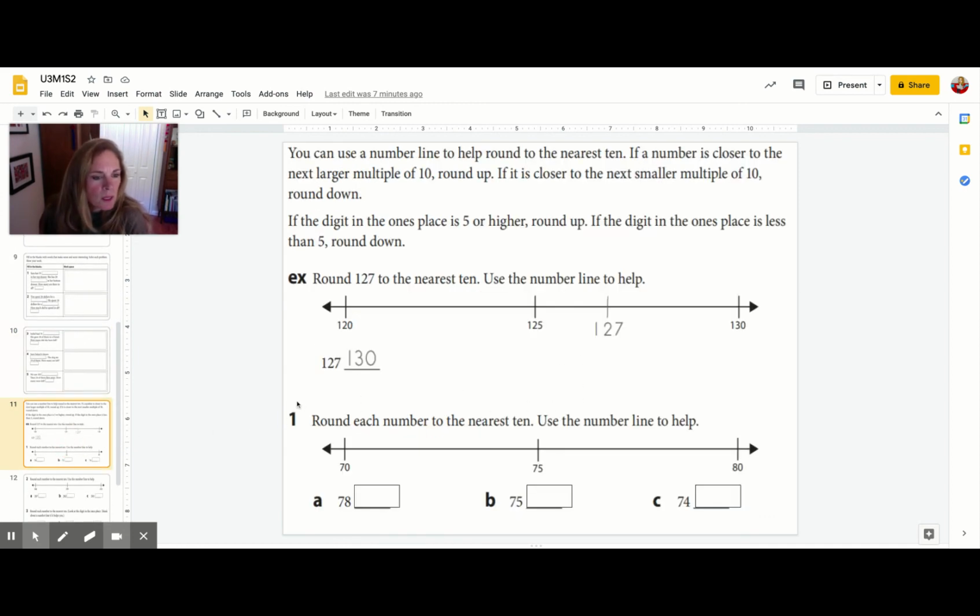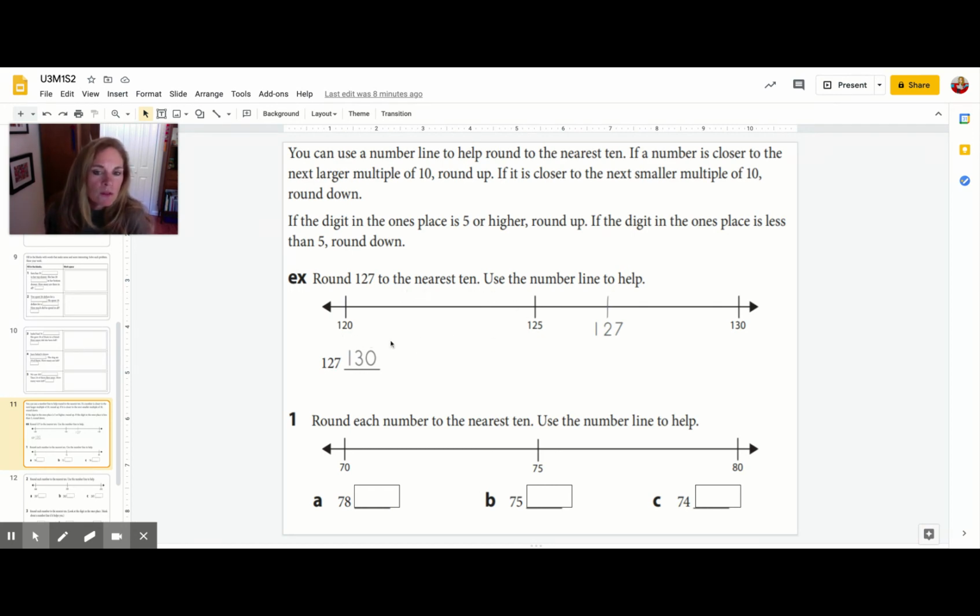And then in your Home Connections book on page 43, you have a couple of number lines that you can work on in order to work on rounding to the nearest 10. So this is your example. In this case, they showed you that you're rounding 127 to the nearest 10.